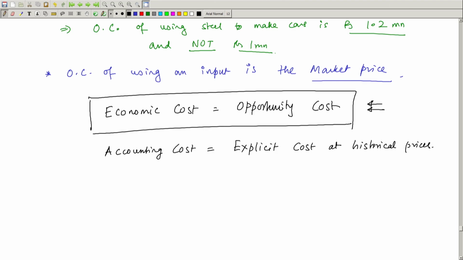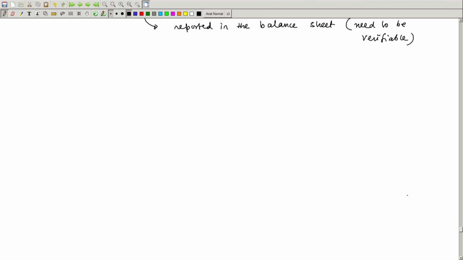So it's the explicit cost at historical prices, and these accounting costs are typically reported in the balance sheet, right, and they are generally verifiable, right. So it needs to be verifiable, right. So the main takeaway of this discussion is that in economics, our notion of cost is always the opportunity cost, okay. So with this in mind, let's come to the fundamental part of this chapter, which is cost minimization.